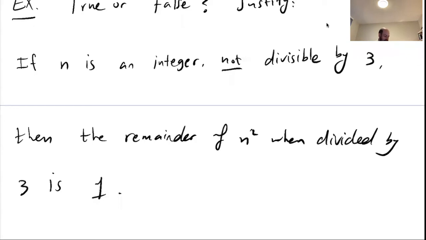Okay, so how can we know this statement is true or false? Well, we know that if you want to show it's true, we have to prove it in general, not with examples. But if you want to know whether a theorem or a statement is true or false, or even if you know it's true and you want to prove it, it's always good to think about some examples just to get an idea.